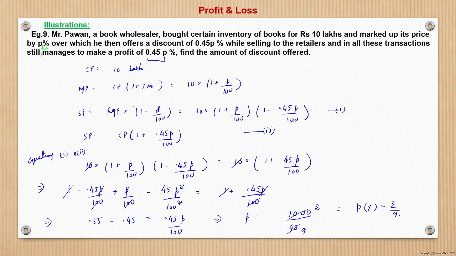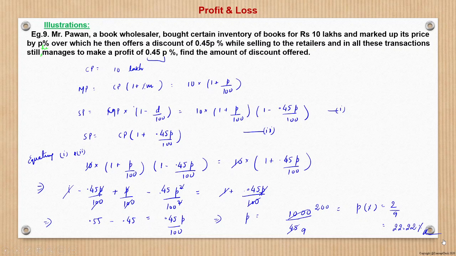In terms of percentage, 1 by 9 is 11.11%, so 2 by 9 will be 22.22%. So that is the answer, right?